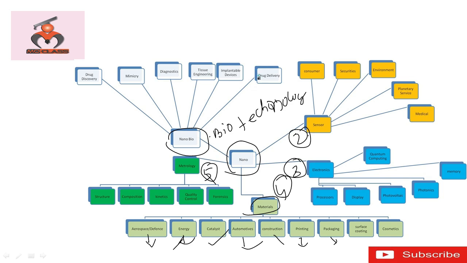Let us check drug delivery. Suppose one person is infected at a body part. By using nanoparticles we can identify the area where there is infection and provide the medicine to that particular location only. With the help of nanoparticles we can deliver the antibodies to that particular location. As a result, only that part of the body will consume the drug, and there will be very little consumption of medicine.